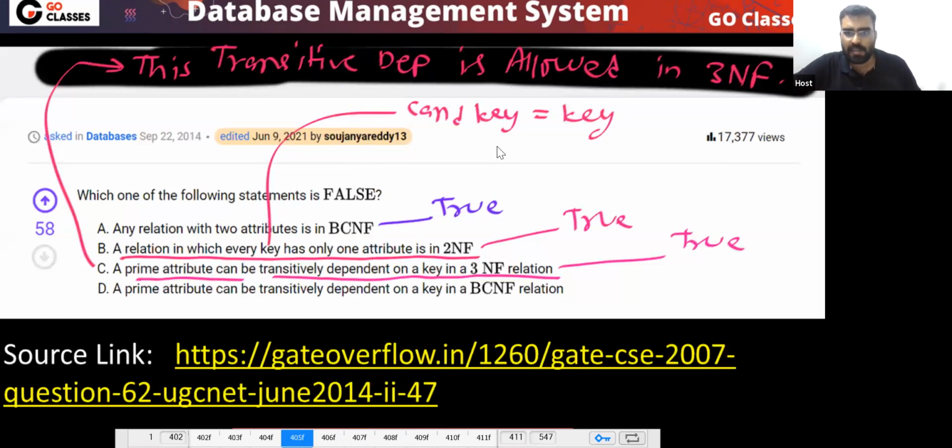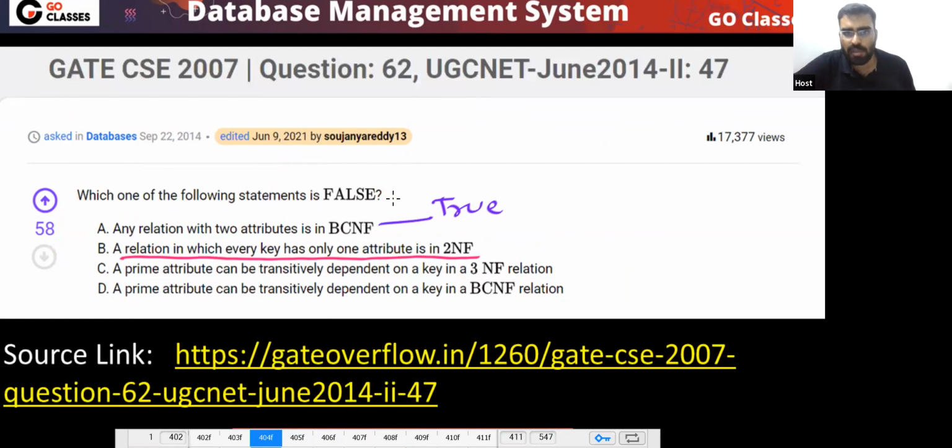This is a problem with many students: once they get one option, for example once they get that this is false, they don't care about the remaining. Once the question is asking for false and this is false, they say I don't care about the remaining. So you should not do this.